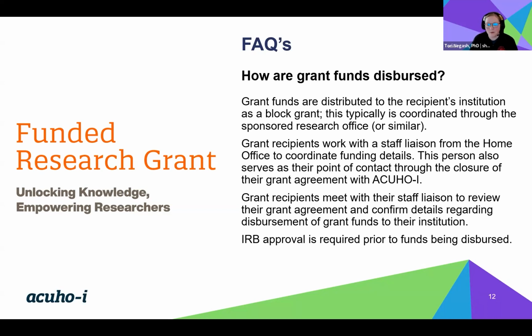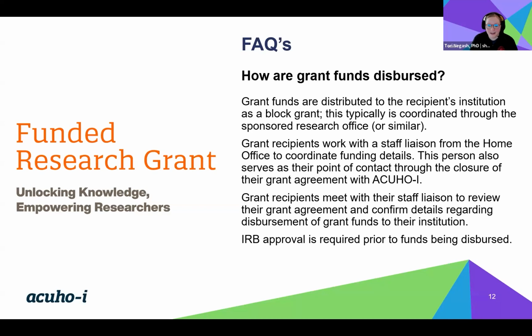Grant recipients would work with the staff liaison, which is typically myself, to coordinate funding details. I would then serve as your point of contact throughout the entirety of the grant process for any questions you might have, and as you're making progress through the different aspects of the grant agreement.